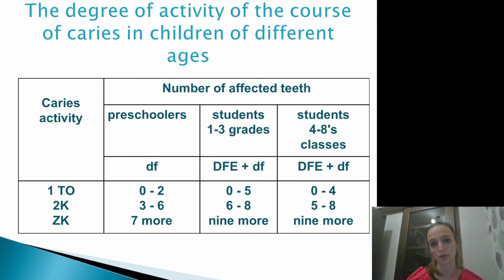Small letters, df, are temporary teeth. Understand? So if, for example, a patient in the registration card has information about 3 fillings and, for example, 1 caries, you should have summary information from this index. So 3 plus 1, it is 4. Intensity of caries in this child is 4.